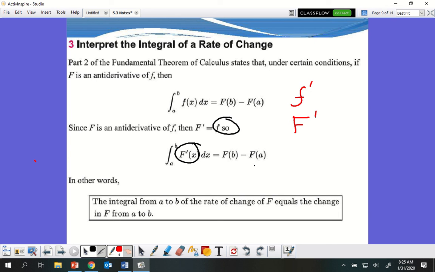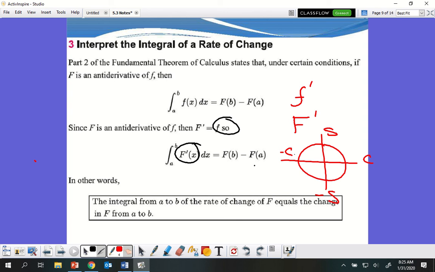Okay, so I'm going to go back to my sine cosine wheel. Sine, cosine, negative sine, and negative cosine. So what this says is, first, it's the integral.